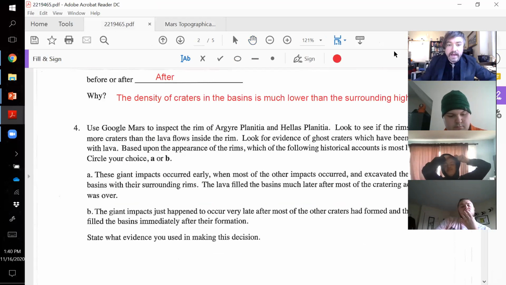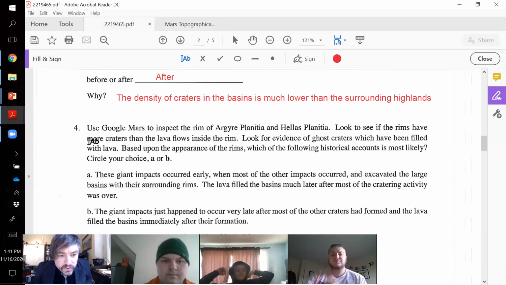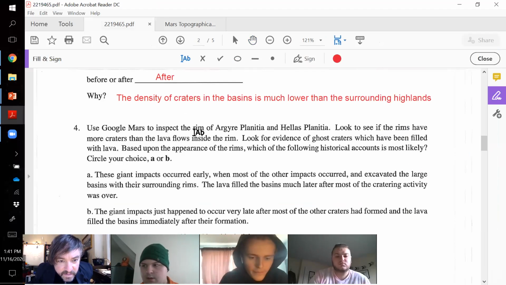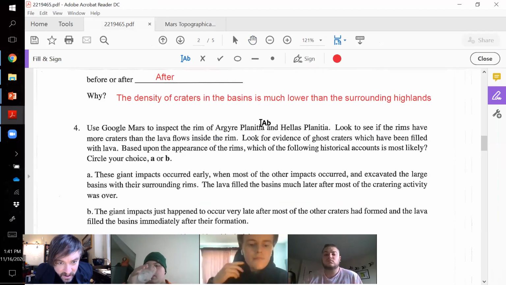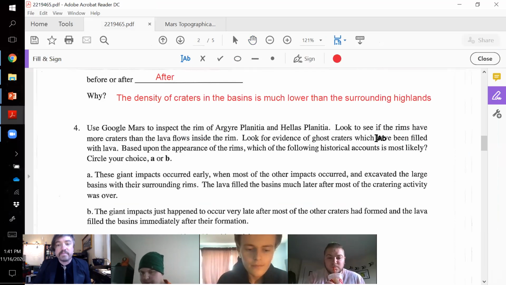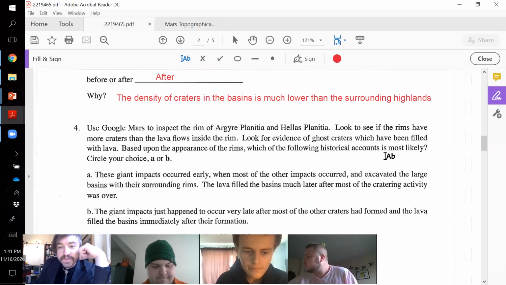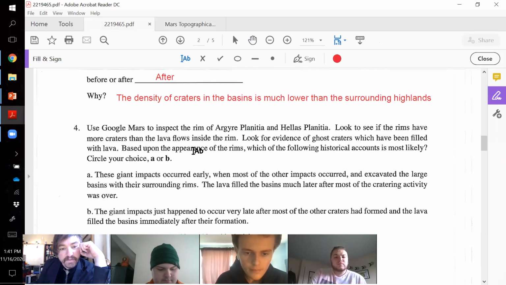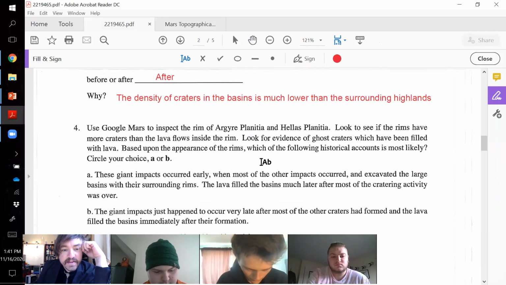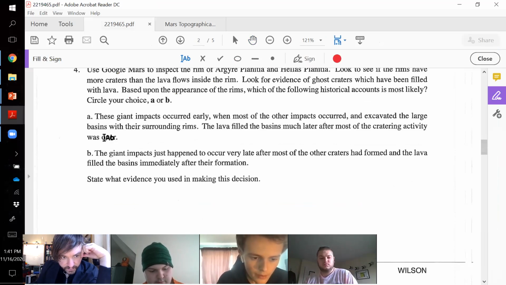Let's read the question, okay? Use the Mars map to inspect the rim of Aeolis Planitia and Hellas Planitia. Look to see if the rims have more craters than the lava flows inside the rim. Look for evidence of ghost craters, which have been filled with lava. Based on the appearance of the rims, which historical account seems more likely to you?